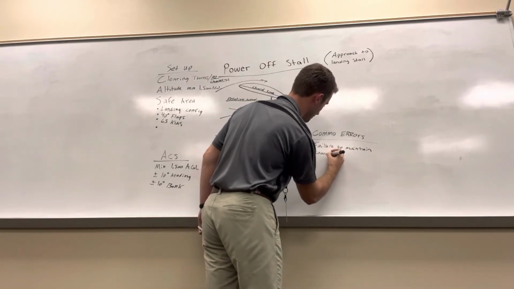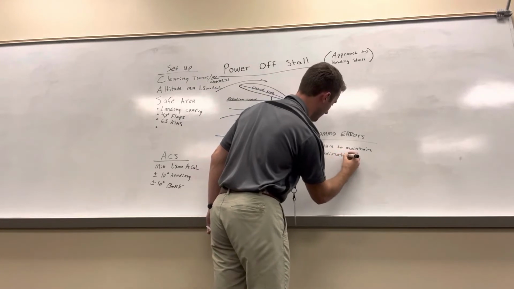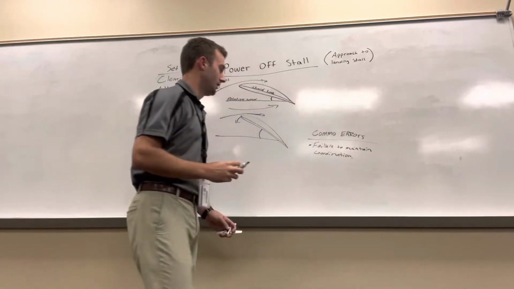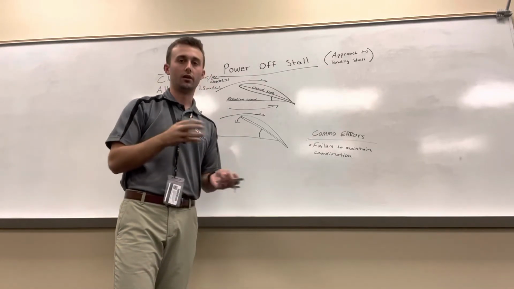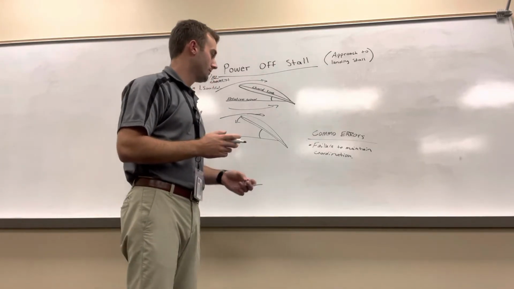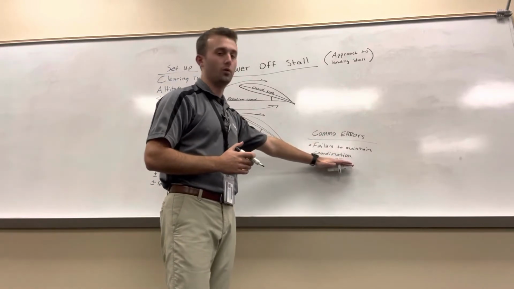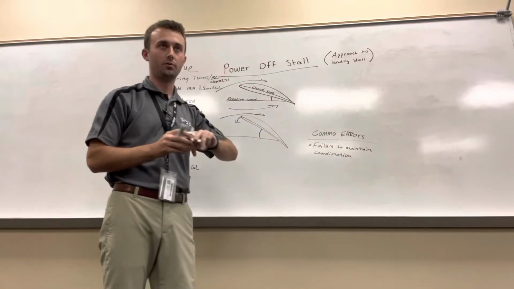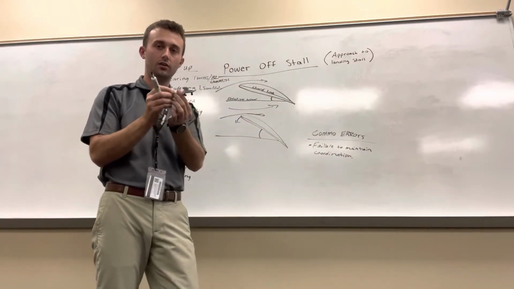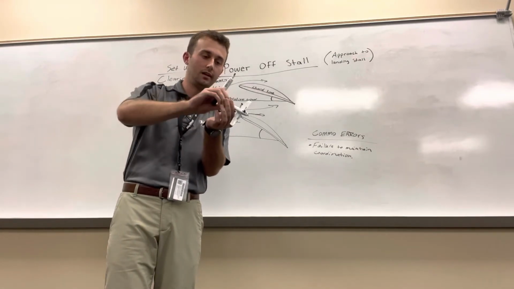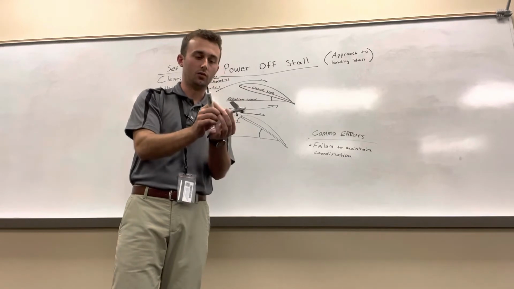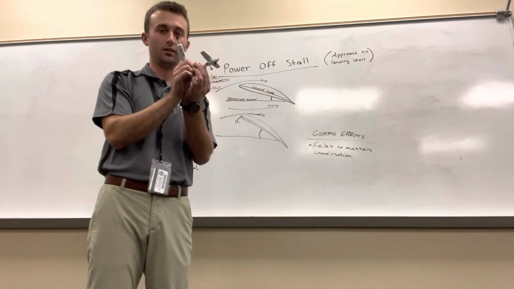And why this is important is because if we don't maintain coordination during a power off stall, then we could go into a spin, or you could go into a turn and stall, which can be dangerous too. So maintaining that proper coordination is going to help you a lot, because you want this plane to be straight. When you have bad rudder input, it may go into a spin, it could roll over. We don't want that, so you want proper coordination to keep it level.